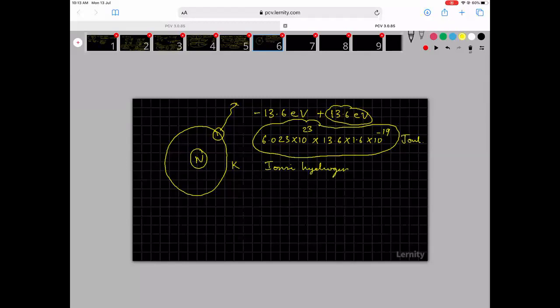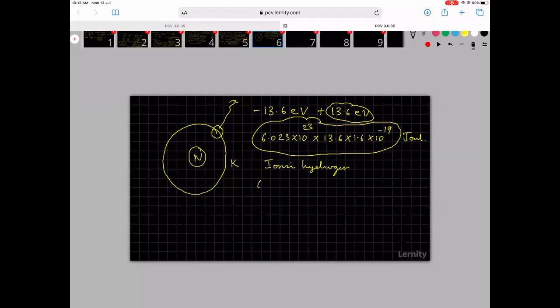Then you can multiply this and find out. So it will be 6.023 into 13.6 into 1.6 into 10 power 4 joules. So much energy has to be supplied if you want to ionize hydrogen.